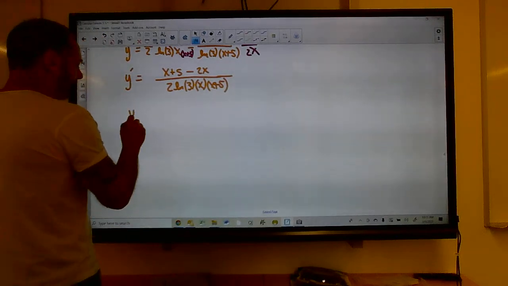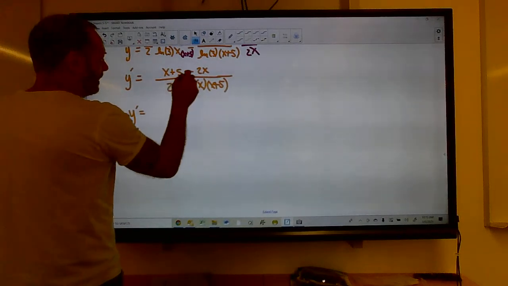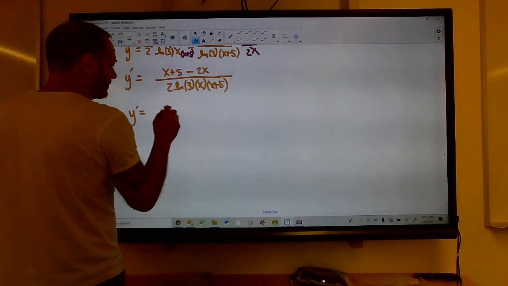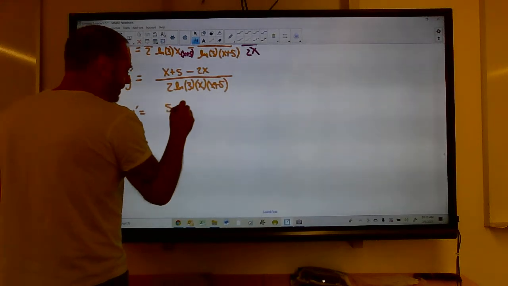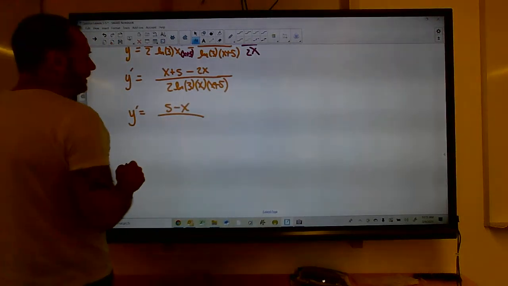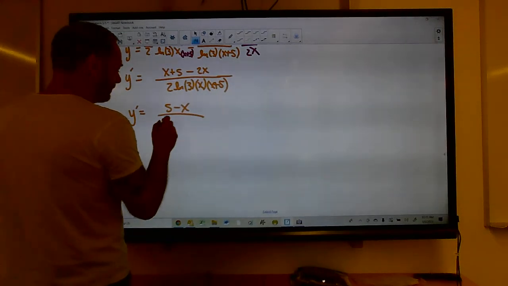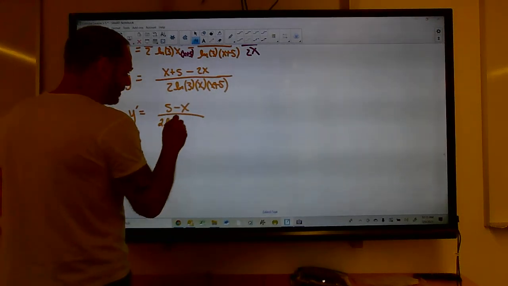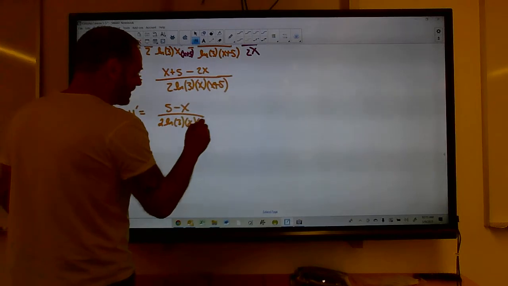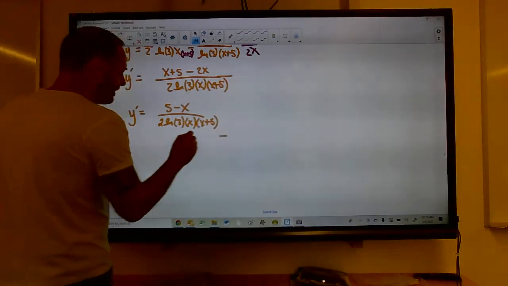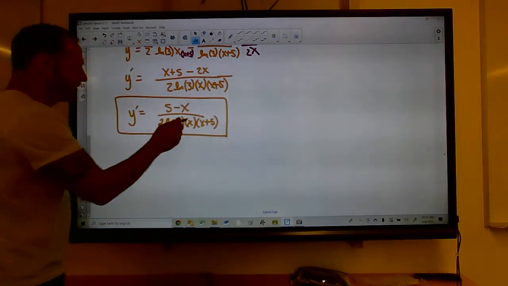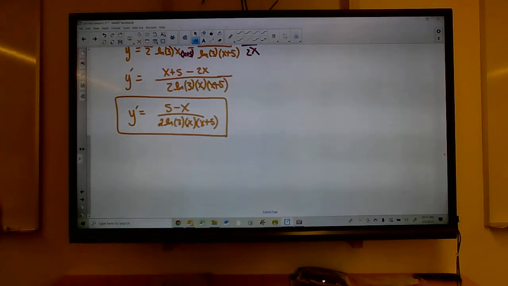Then I can clean that up again. x minus 2x is going to be negative x, so this is going to be 5 minus x on the top, over 2 natural log of 3 times x plus 5. And we'll call it good. I suppose you could distribute that if you wanted to, but why?